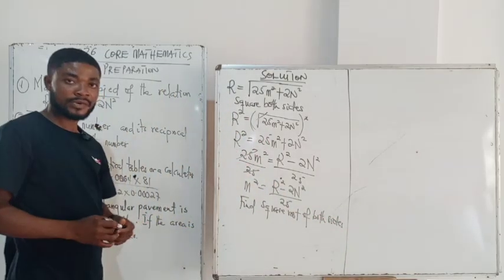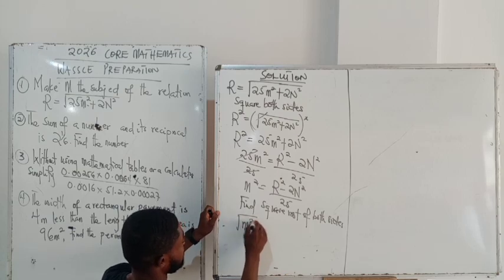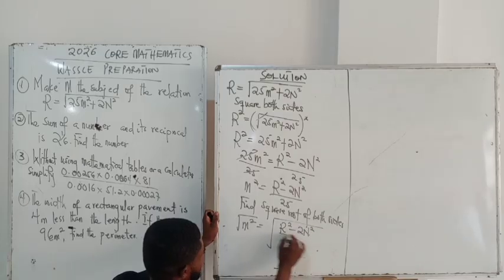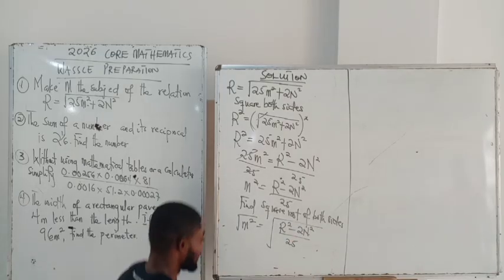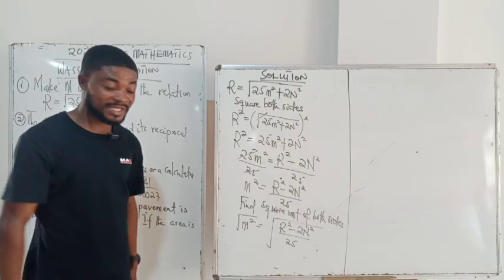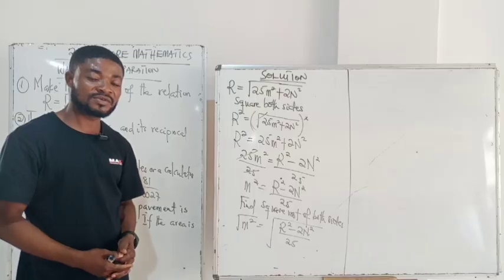So I introduce a square root to both sides. So when I introduce the square root, I'm going to get the square root of m squared is equal to the square root of r squared minus 2n squared all over 25.